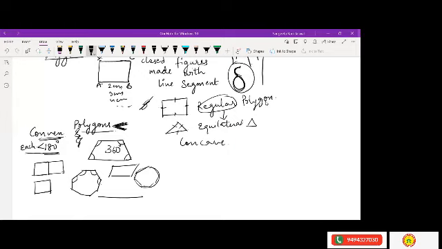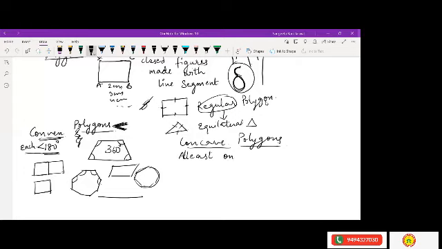Now coming to concave polygons. In concave polygons, you should know that there should be at least one interior angle greater than 180 degrees. I am writing here, at least. It can be more.